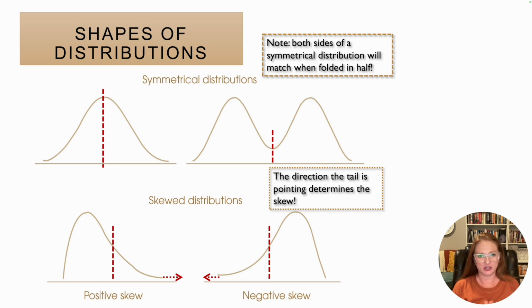Positive does not mean good. Negative does not mean bad. It just means which way is the data skewing. Okay. So if you think back to introductory psychology, and you learned about operant conditioning and classical conditioning, your professor was probably very nervous about using words like good and bad.